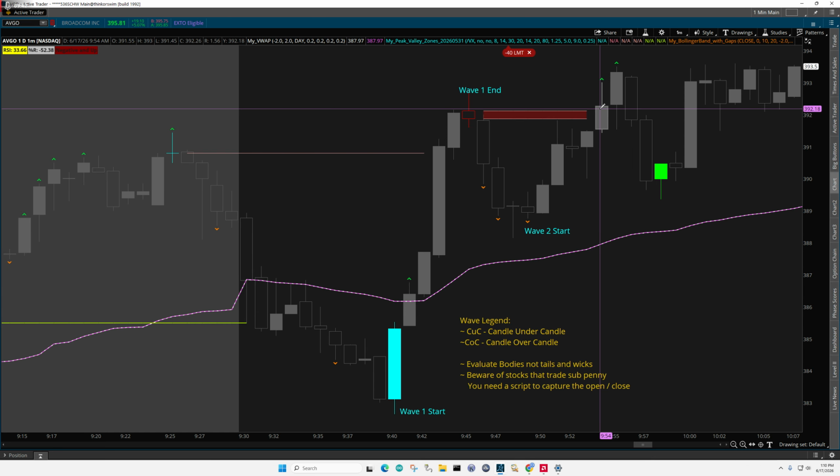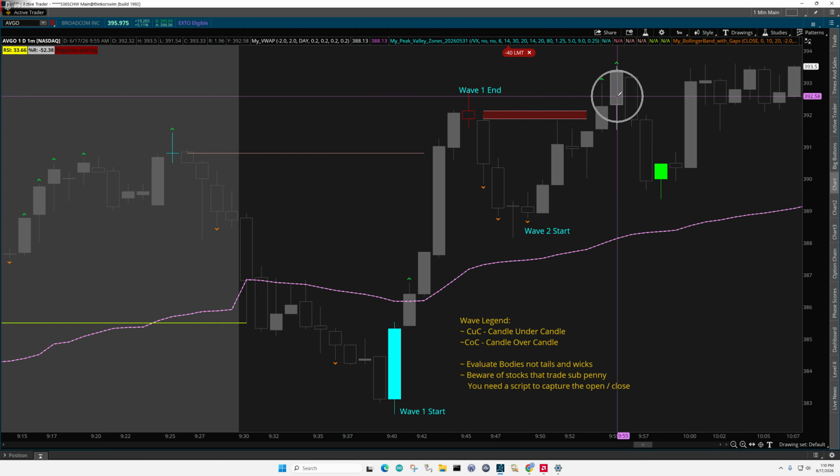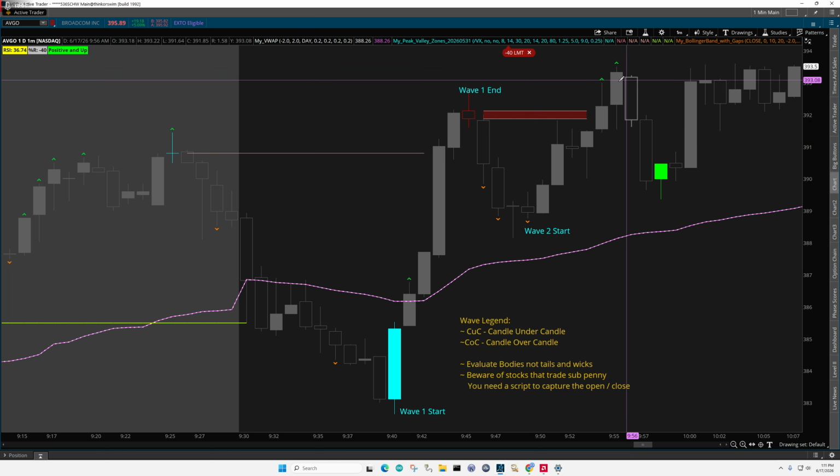So that's not the top of wave 2 because it doesn't meet the condition. It's not completely above the previous wave candle body. Here, this candle is completely above. It opens here and closes here. So now we know that, okay, wave 2 is happening, which is good.